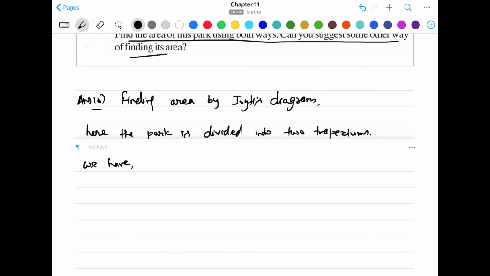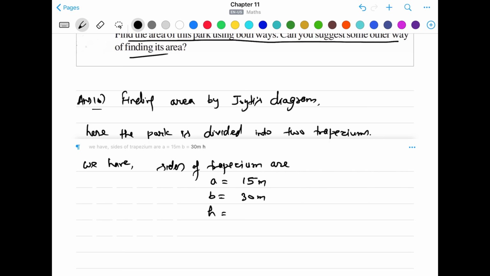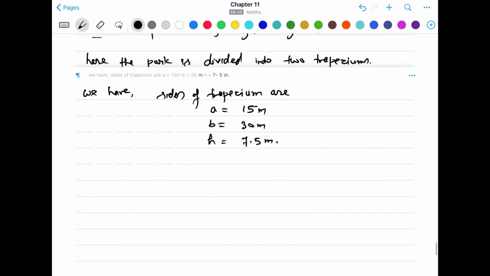Okay, so we'll write the sides of the trapezium are A equals to 15 meter, B equals to 30 meter, and H is equal to 7.5 meter.